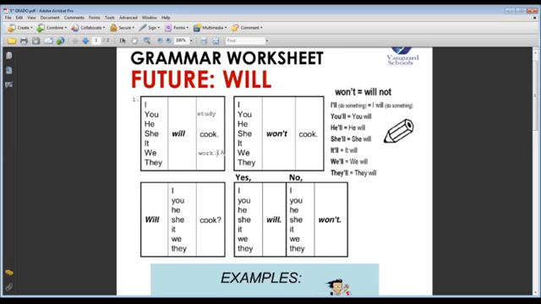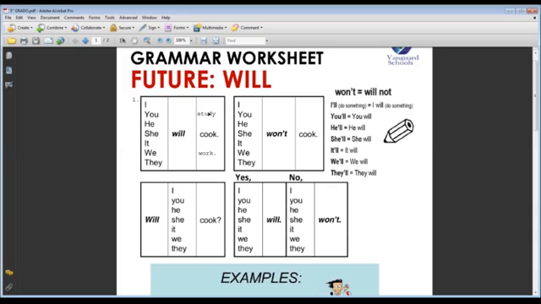They will work. Ellos trabajarán. Entonces, usamos el futuro will para hablar justamente de futuro. ¿Ok? Futuro. No olvides, esta es la forma correcta para emplear una oración. Pronombre, the future will, verbo, any verb. ¿Ok?